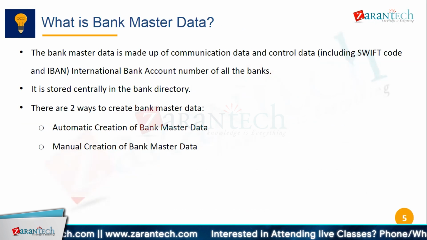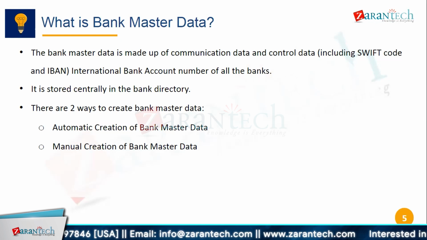All this is maintained in the bank master data. Along with the bank master data, in the GL also you will have some bank data which we refer to as house bank. Every bank that you use, your customers use, your vendors use will be part of the bank master data. Every bank that you use, that the business has an account with, is referred to as the house bank.